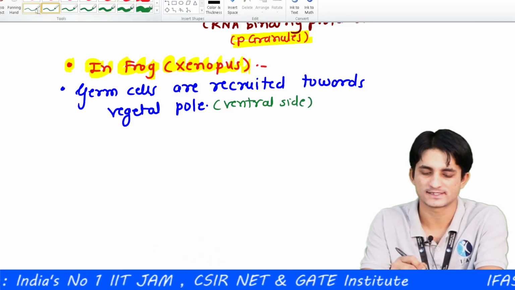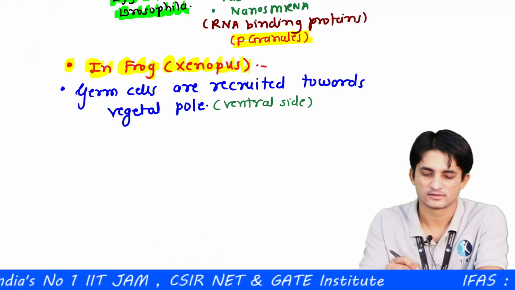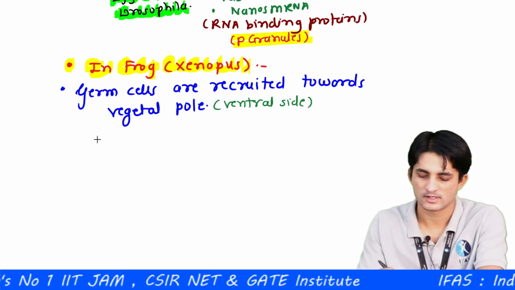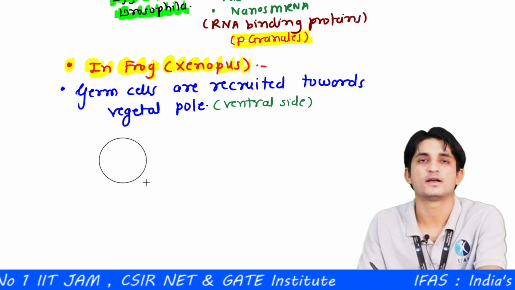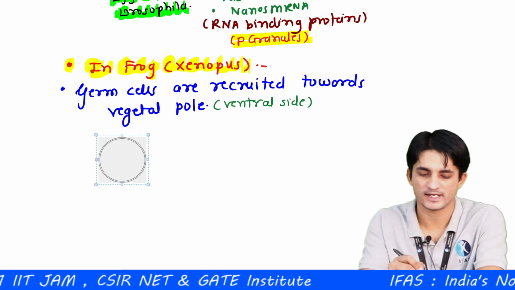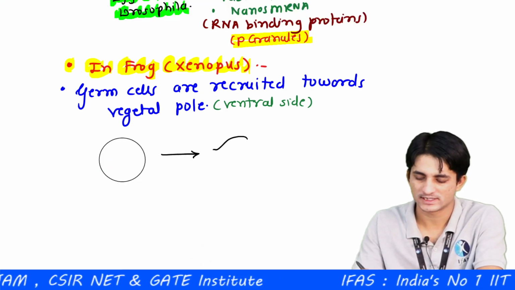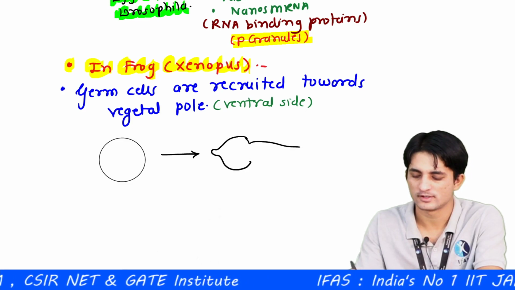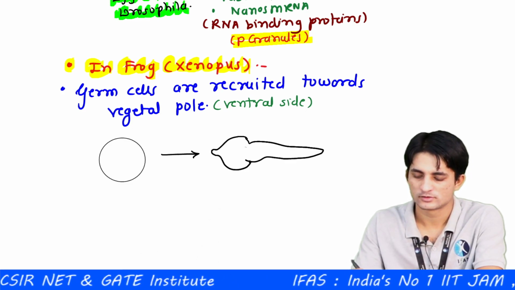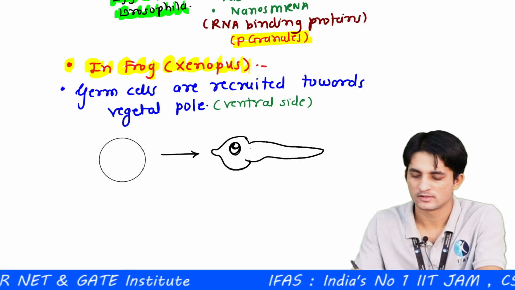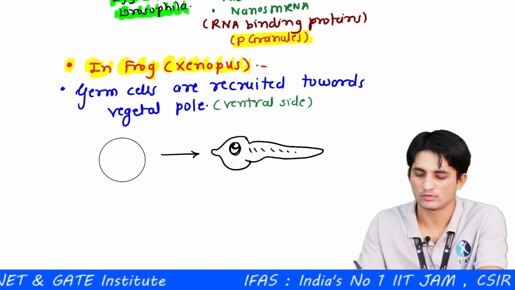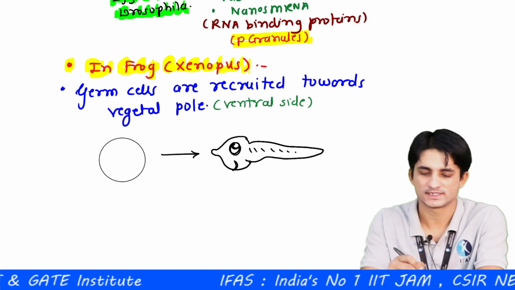So in this case, for example, this is the frog early egg, and suppose there is formation of the tadpole. So this is the tadpole, and this is the early egg.